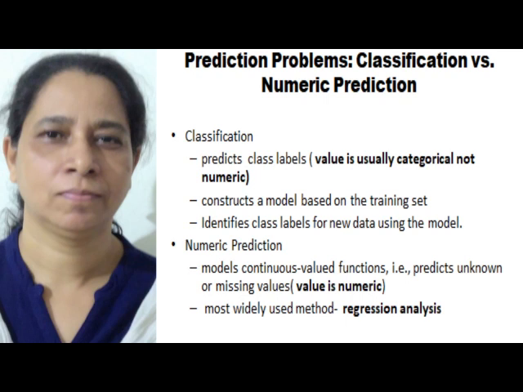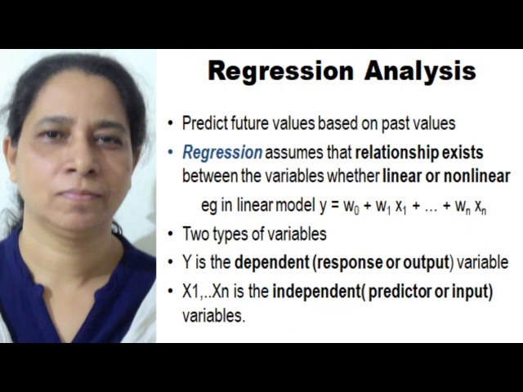In regression analysis, there are two types of variables. First one is dependent or response or output variable. Second one, independent or predictor or input variable.